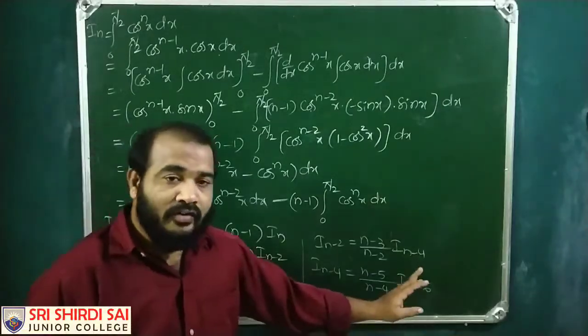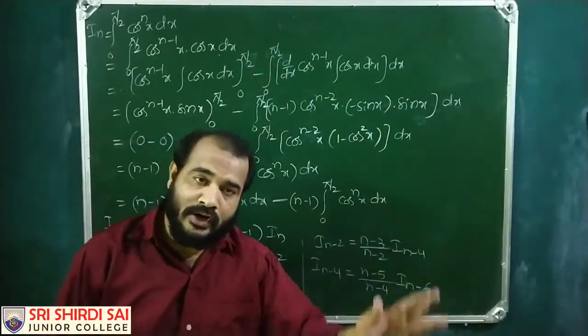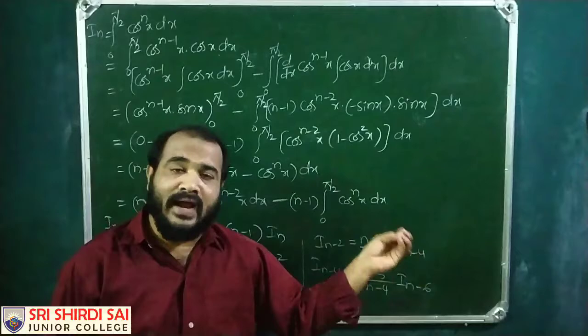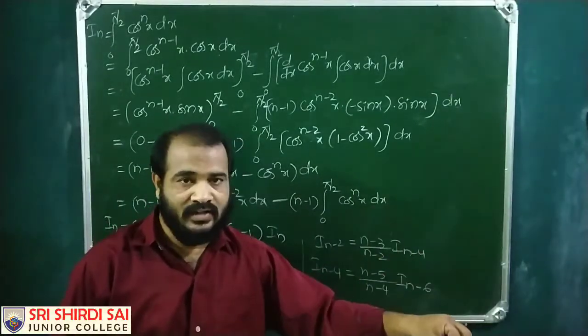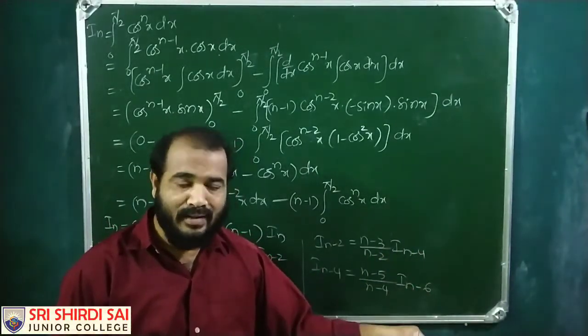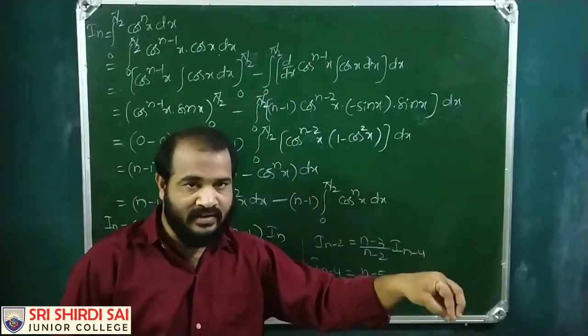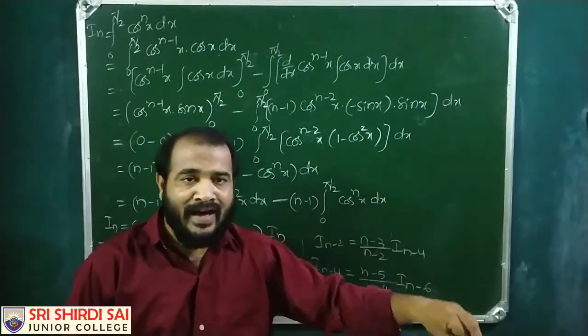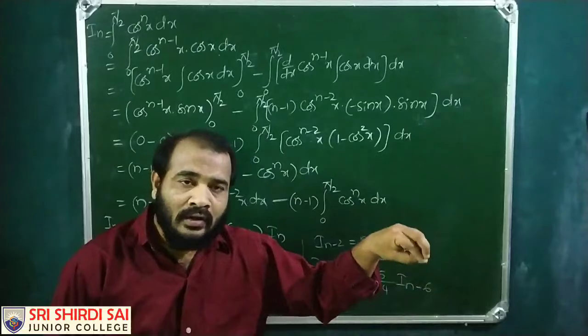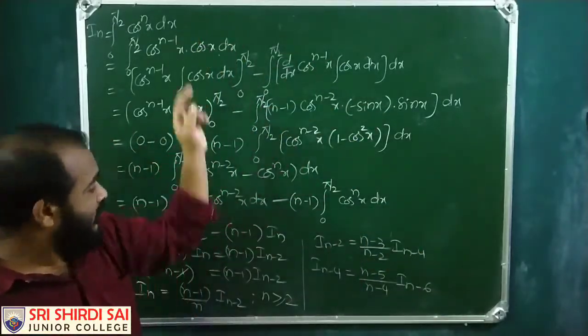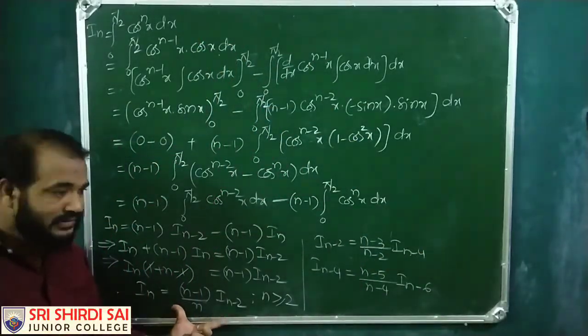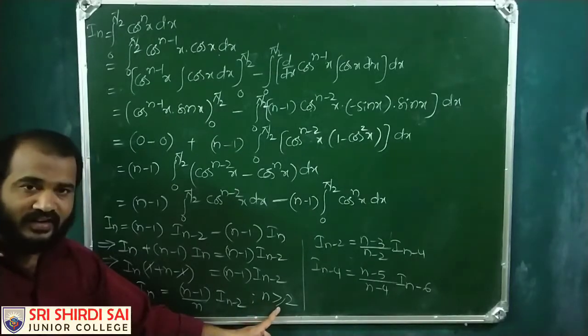And this process of reduction will continue. If n is even, we will end up with I naught. If n is odd, we will end up with I1. So these I naught and I1 values are not going to be substituted in this reduction formula, because the thing is very crystal clear here.